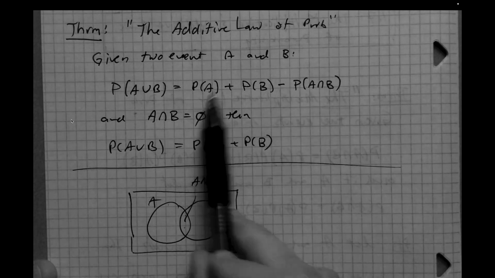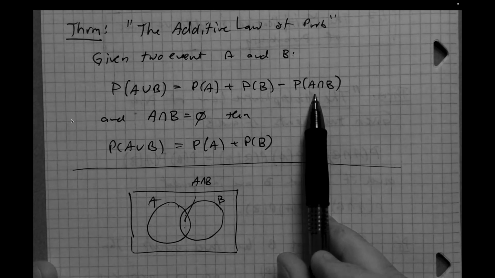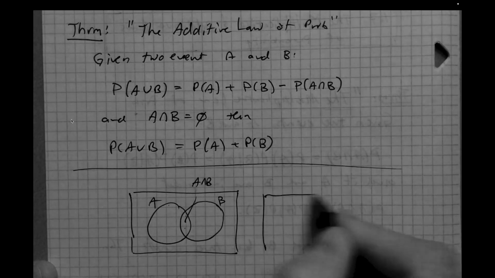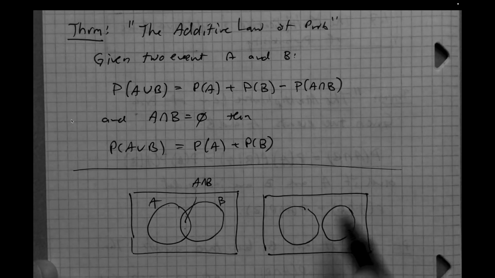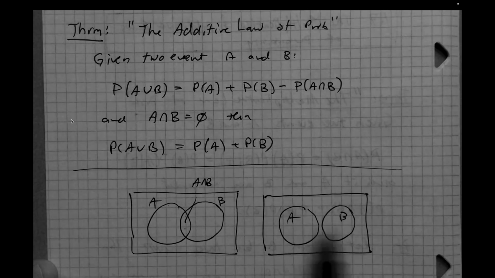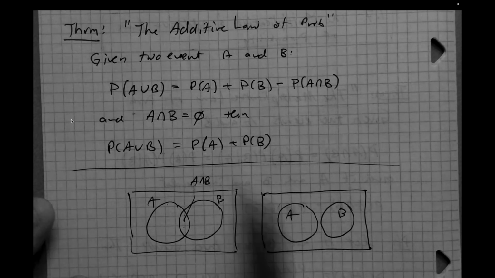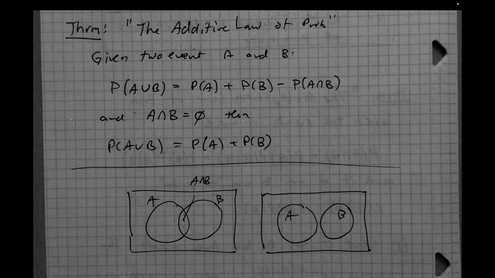So you counted the intersection twice, and that's why you subtract it off. And you don't have to subtract it off here, of course, because in the case of A and B being disjoint, the intersection is empty, right? So in that case, you count everything in A and everything in B, and there's no double counting anywhere, right? So you'll recognize this from set theory. And so that's really the idea behind the proof.